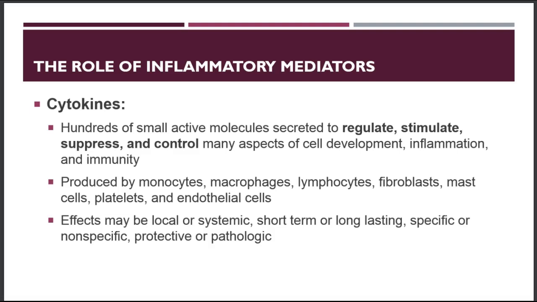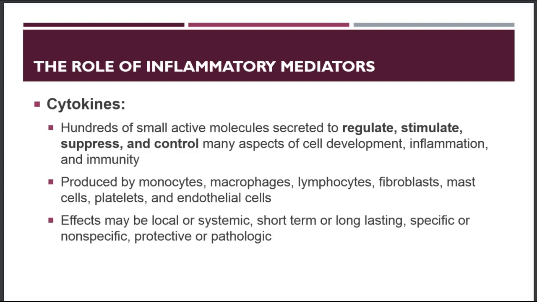Cytokines are inflammatory mediators. These are chemicals that are associated with the inflammatory response, and they help to regulate, stimulate, suppress, and control many aspects of cell development, inflammation, and immunity.